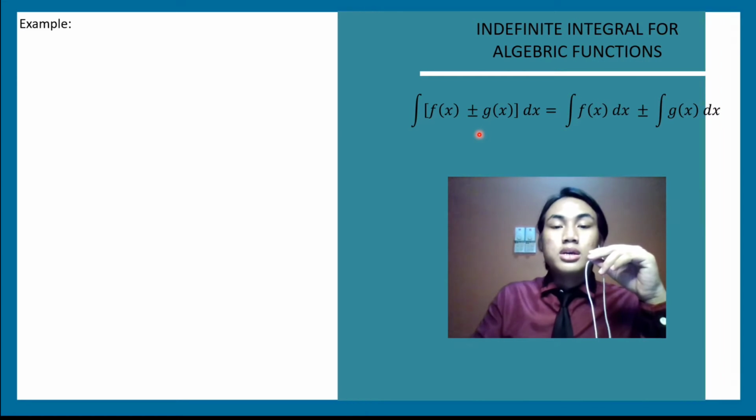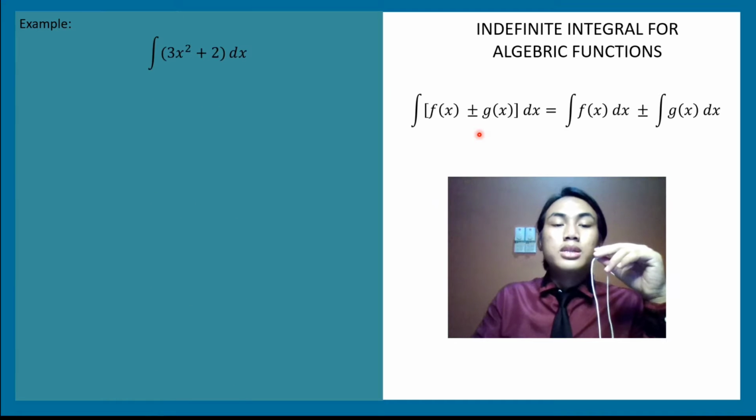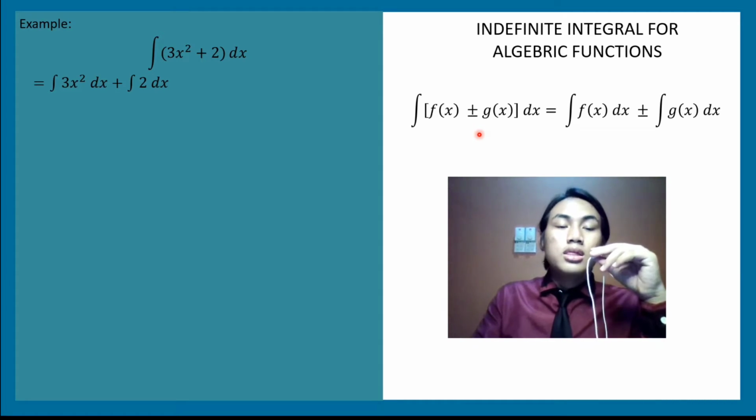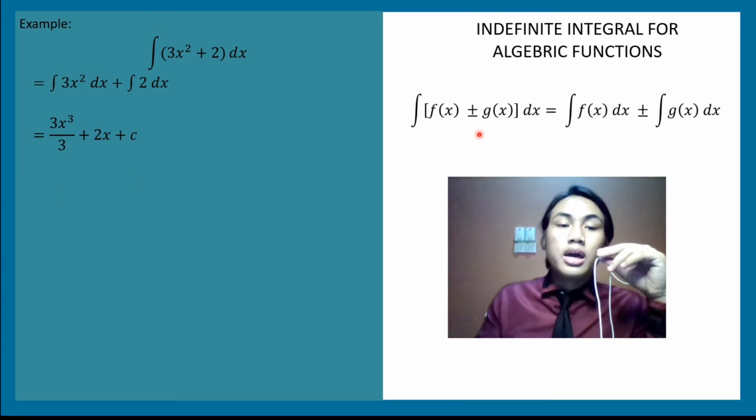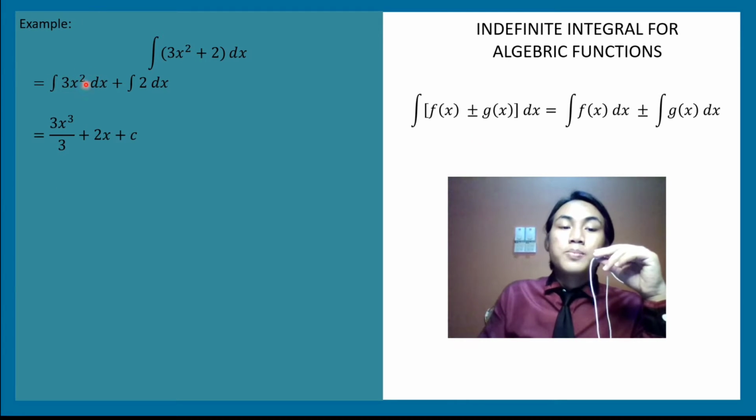Here is example 1: integrate 3s squared plus 2 ds. Following the formula, we separate each function: integrate 3s squared ds plus integrate 2 ds. We get 3s cubed over 3, since 2 is our n and 2 plus 1 is 3.